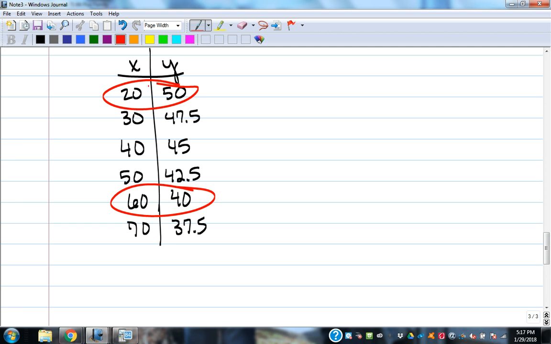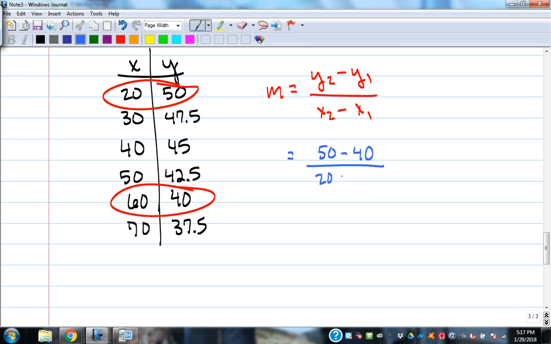I'll plug that into the slope formula: 50 minus 40 on top, and 20 minus 60 on the bottom. 10 on top, negative 40 on the bottom. That reduces to negative 1/4 as the slope.